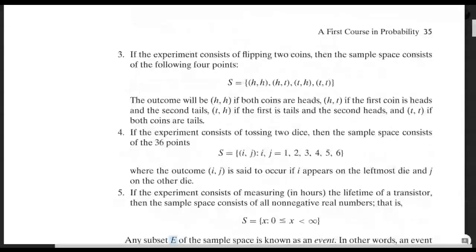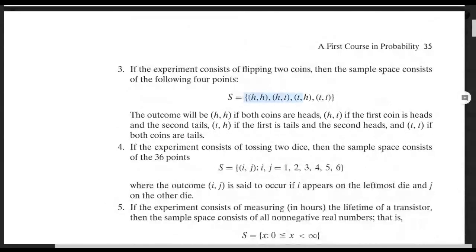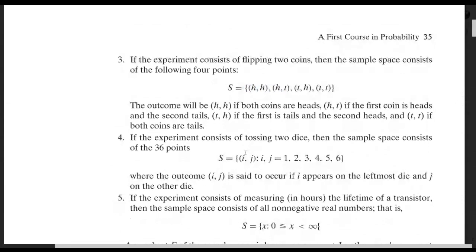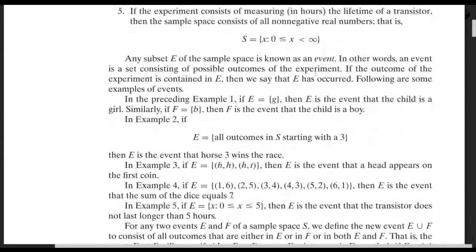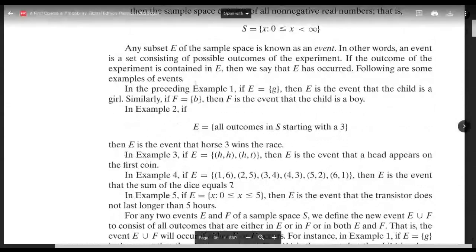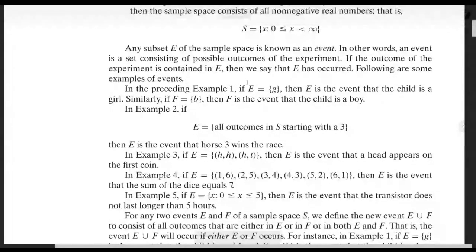In this case, we could just pick 2 from here, that would be 2 events, and this is an event. So, sample space and an event. In other words, an event is a set consisting of possible outcomes. If the outcome of the experiment is contained in E, then we say that E has occurred.